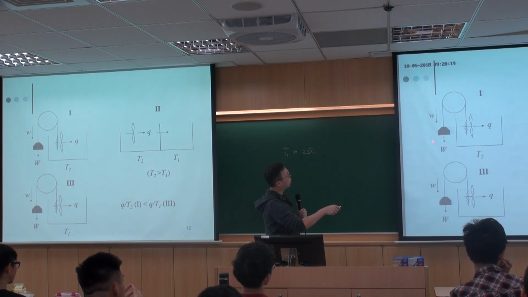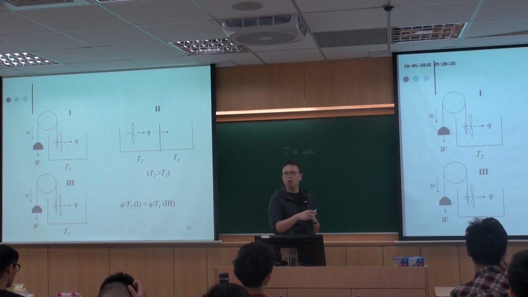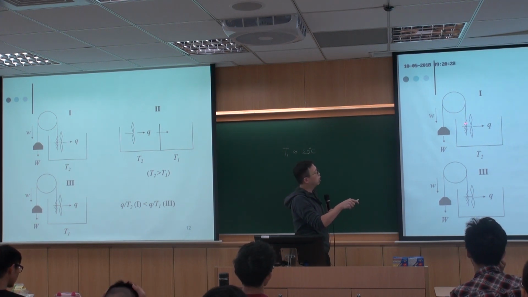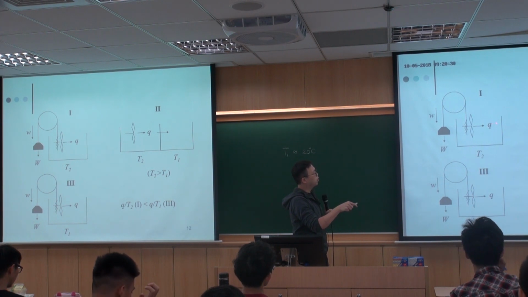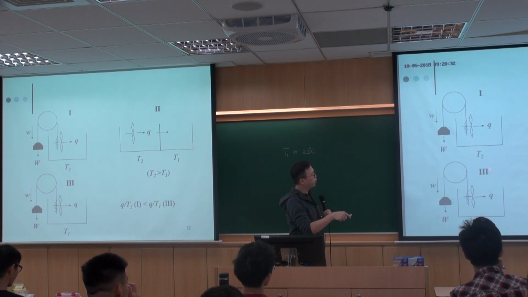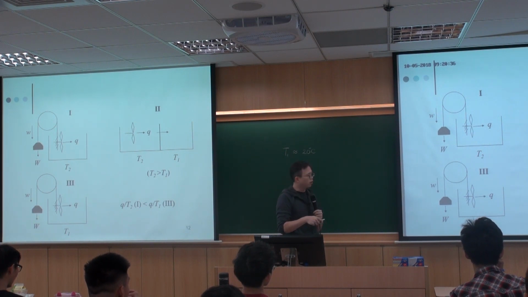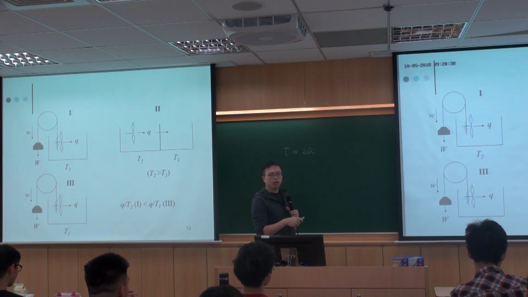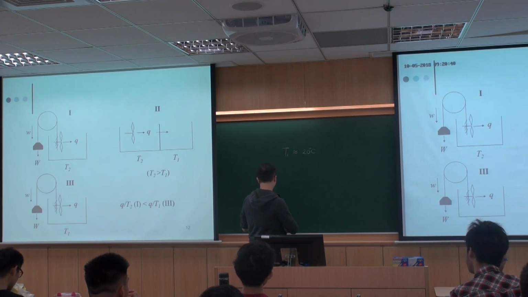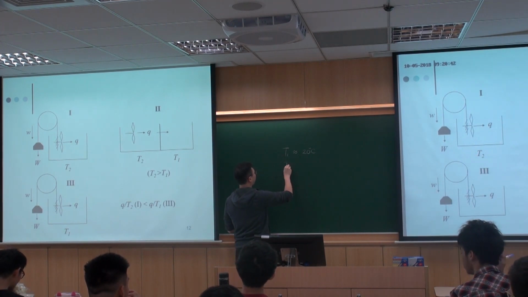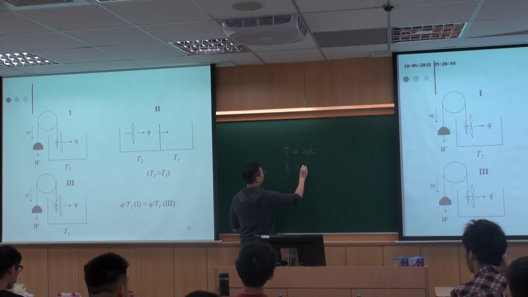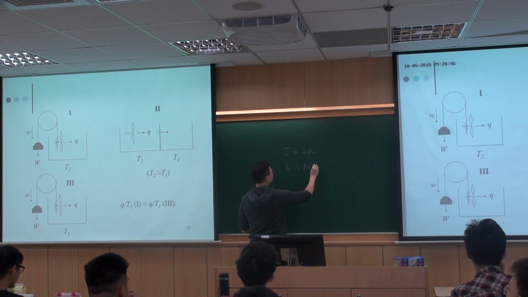So you release the weight, and then the work can be converted into heat or thermal energy and will be dumped into the water over here. The only difference between 1 and 3 is that the temperature over here is higher than T1. So T2 is higher than T1. So imagine that here you have T2 at around, say, 100 degrees Celsius.